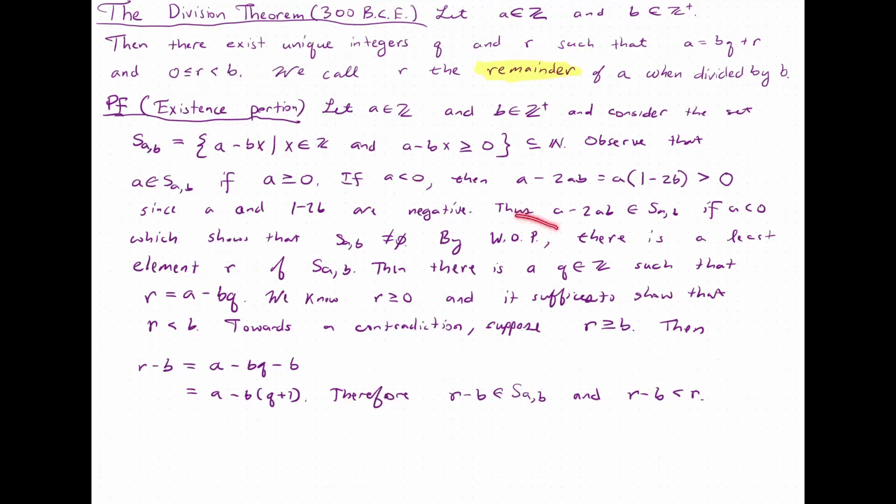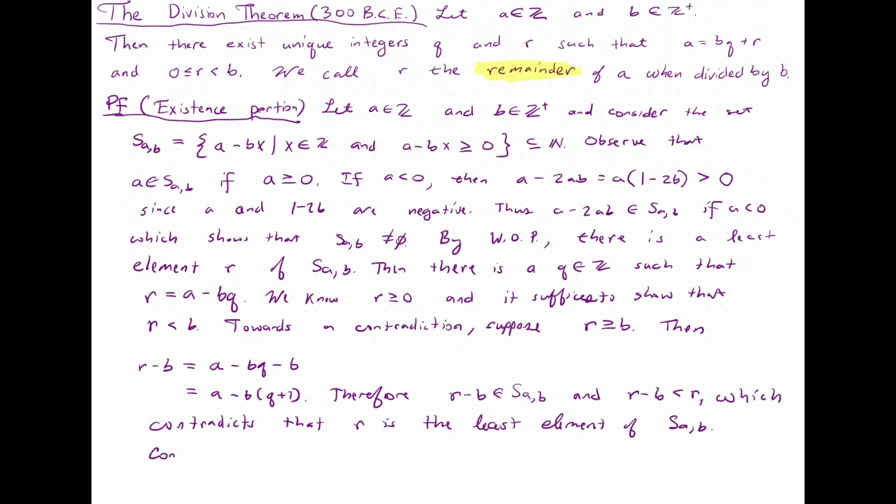So by the ordering principle, there is a least element r, and we just exhibited a smaller quantity that is in that set. And that is our problem, which contradicts that r is the least element of S(a,b).